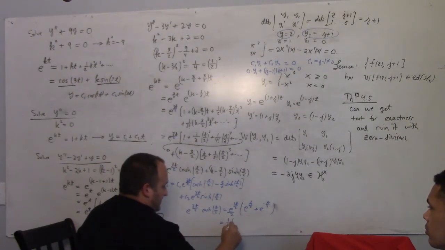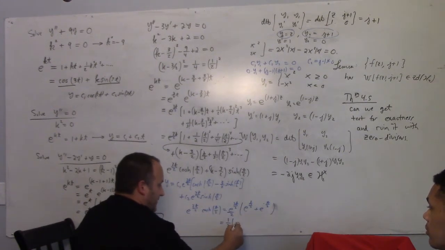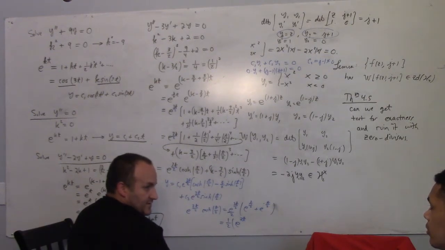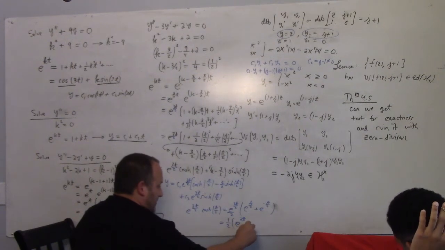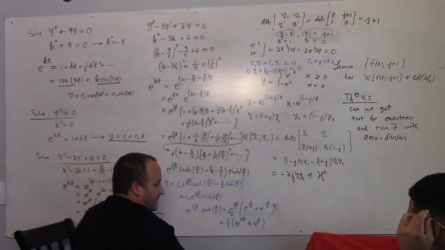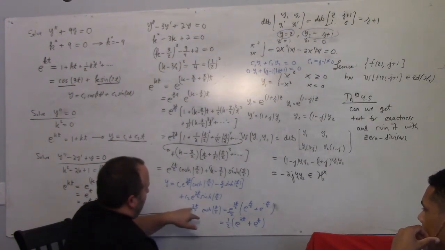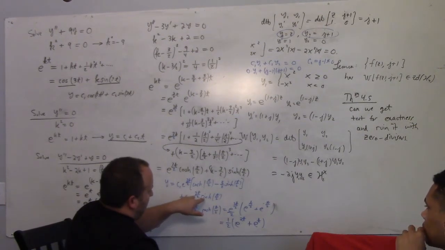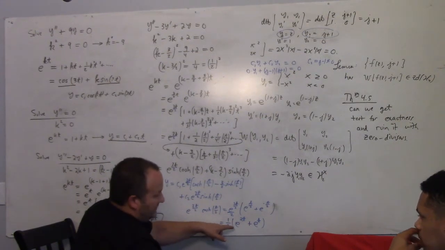It's 1/2: 3/2 plus 1/2 is 4/2, that's e to the 2t. 3/2 minus 1/2 is 2/2, that's e to the t. So e to the 3t/2 cosh t/2 and e to the 3t/2 sinh t/2 give you either 1/2 e to the 2t plus e to the t, or 1/2 e to the 2t minus e to the t.